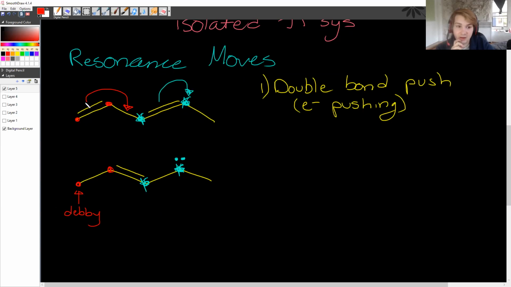Debbie's charge has gone from neutral, losing a full charge, to +1. Whereas for Tom, it was originally neutral, but now it's gained an electron, and so it now has a charge of -1.